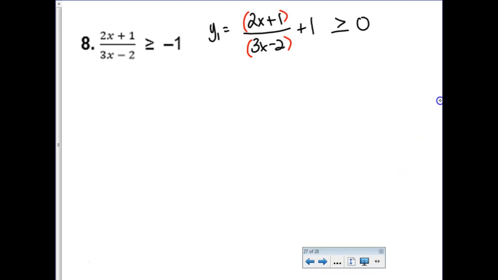And then I'm going to start working on getting common denominators. So the good news is getting the common denominator here is not real tough. You just need to multiply the 1 by a 3x minus 2 over 3x minus 2.